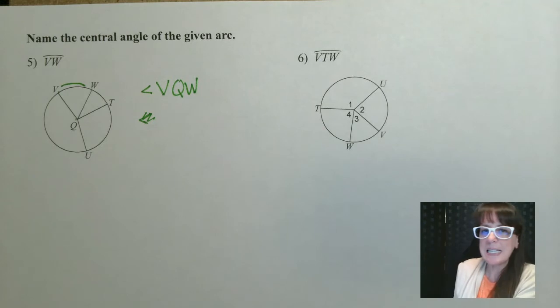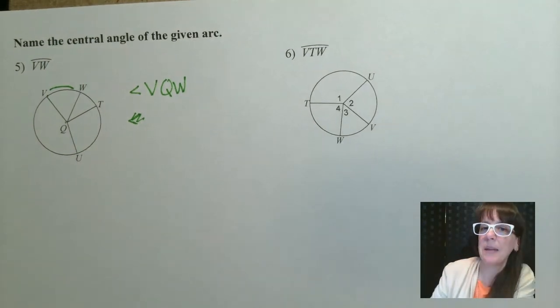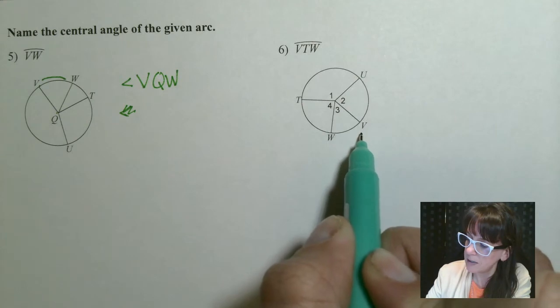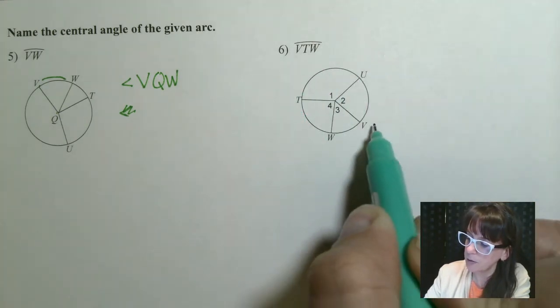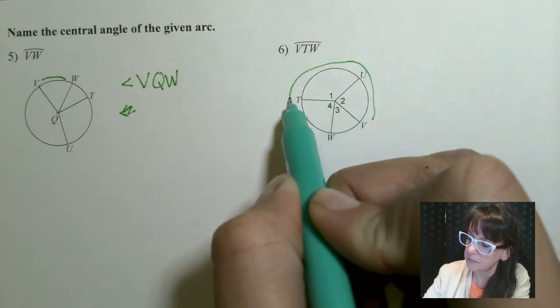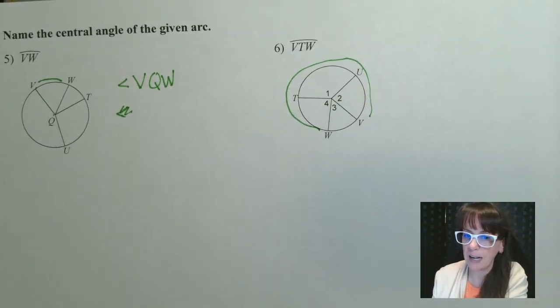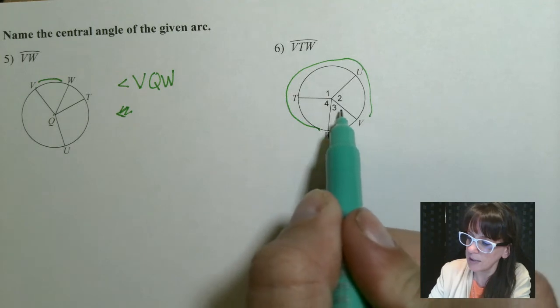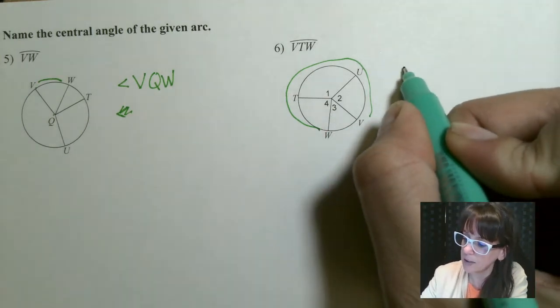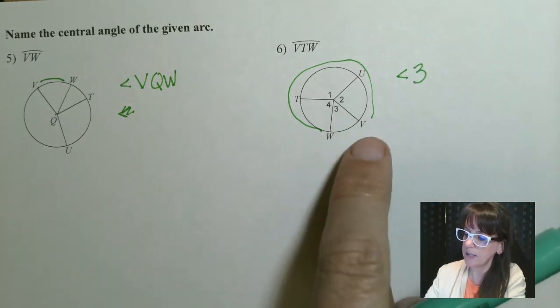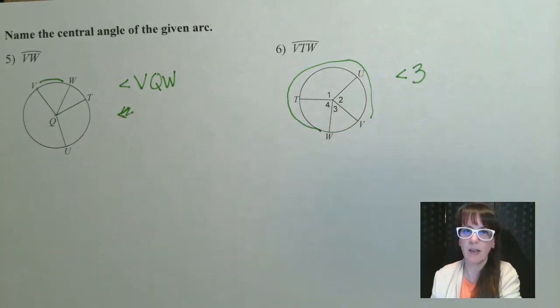All right, so VTW, this tells us it's a major arc. So VTW this way. All right, so for this guy, our angle is going to be angle 3 right in there because that's what's going to encompass that part there.